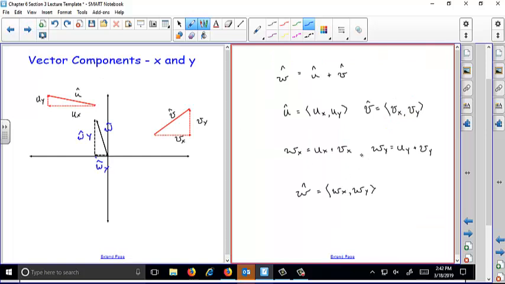So that's what we're saying here. If we have a vector w and it's the sum of two vectors, the way we get the resultant vector is to break the original vectors up into components, add the components together, and then take the resultant values and create this new vector w. So what we're doing here is: break u and v into components.